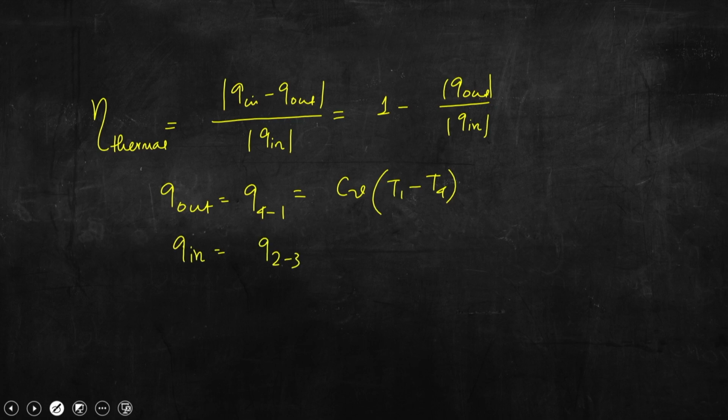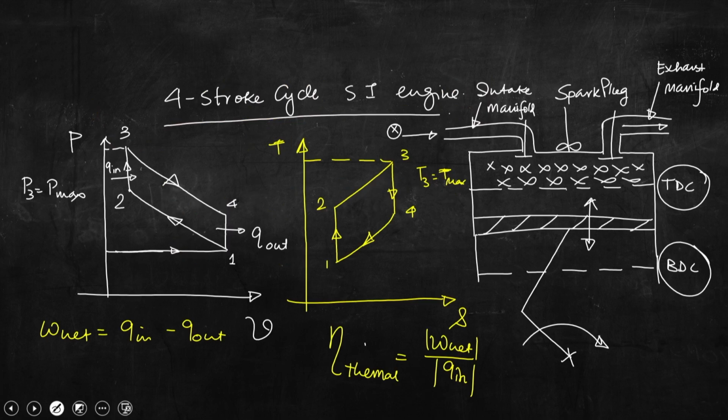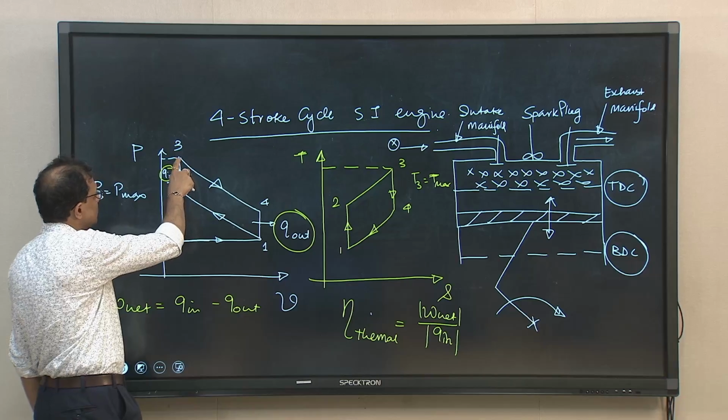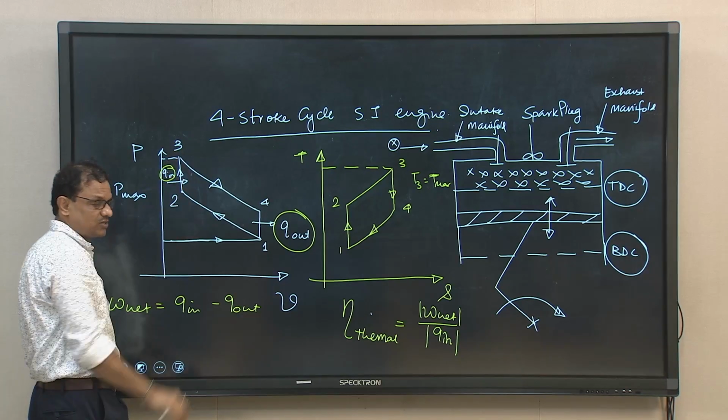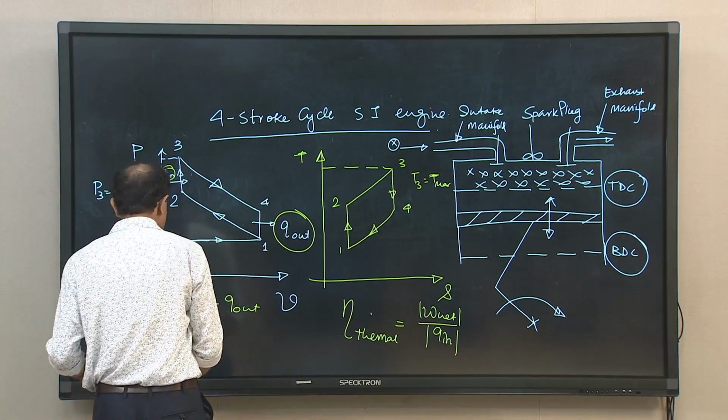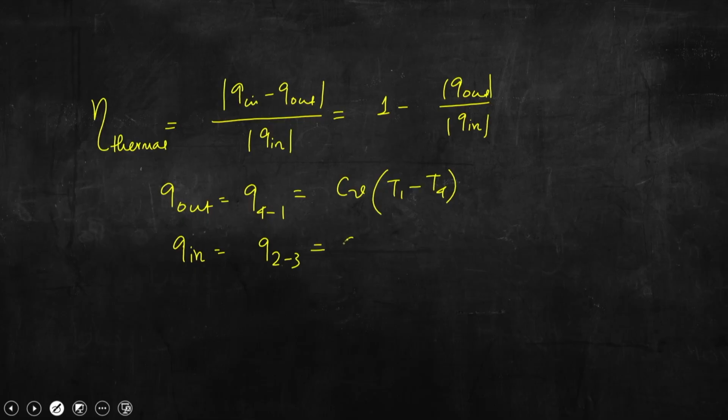That is Q23. If we go back to the previous slide, you can see this is the Q in and this is the Q out. So, Q in is constant volume heat addition. So, Cv into T3 minus T2, that is what I have written on the next page.